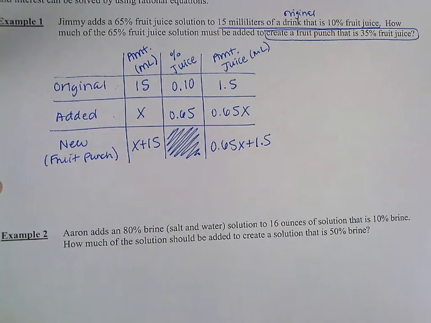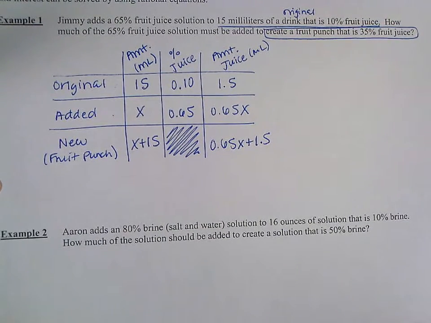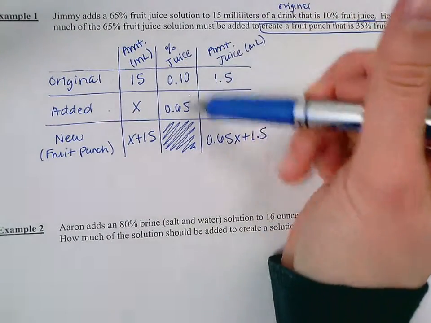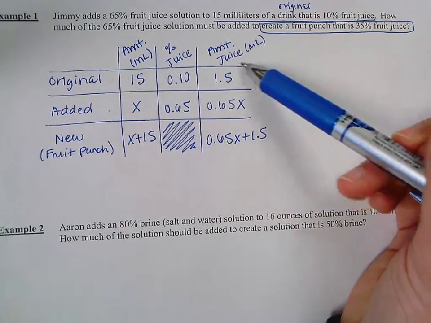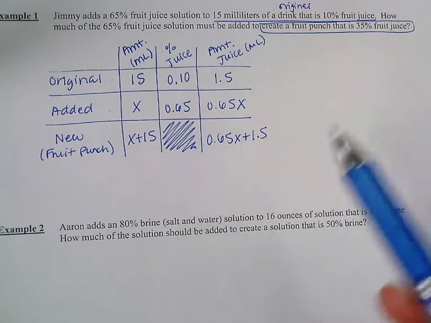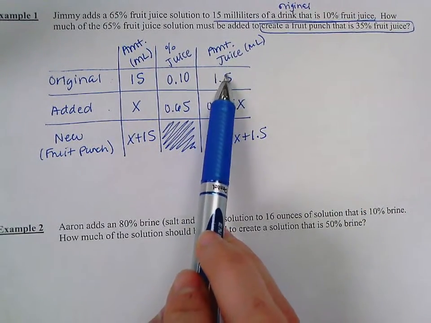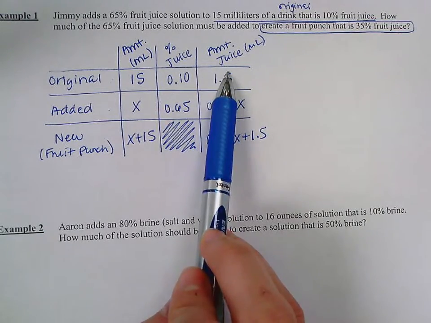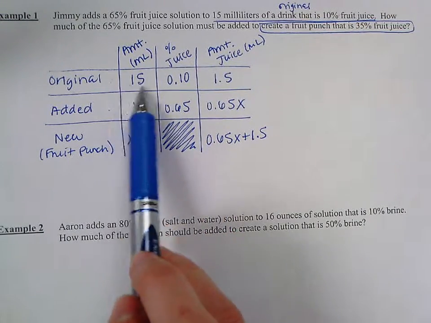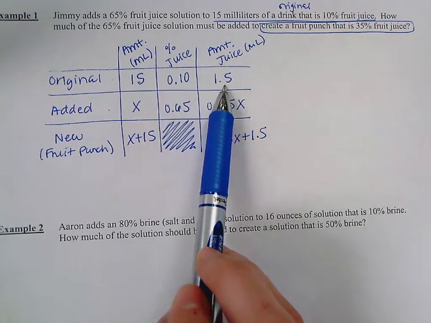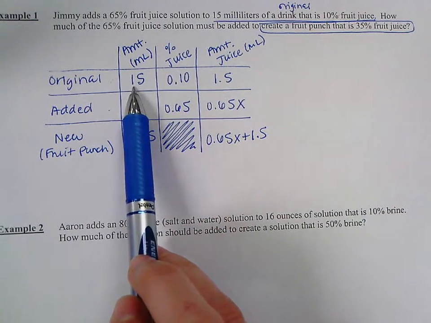And then I'm going to show you the formula we're going to use so you can see how to set this up as a rational equation. I added this middle column in here to help you realize where this is coming from. If you take the amount of the juice and you divide it by the amount of the drink as a whole, that's equal to your percentage. So 1.5 divided by 15 is 0.1.